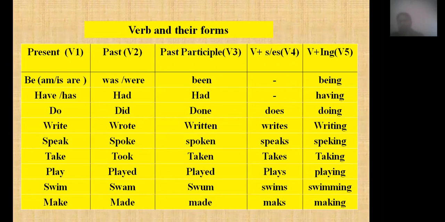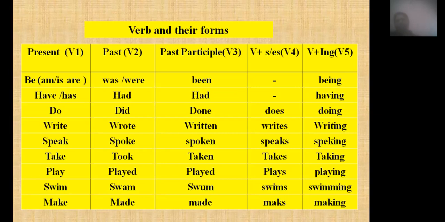As a student, for every class you need to learn some verbs. I think for class 3, a student needs to learn a minimum of 50 verbs, and for class 4 he or she has to learn a minimum of 100 verbs, and for the students of class 5, a minimum of 200 verbs, and for class 6, a minimum of 300-plus verbs.